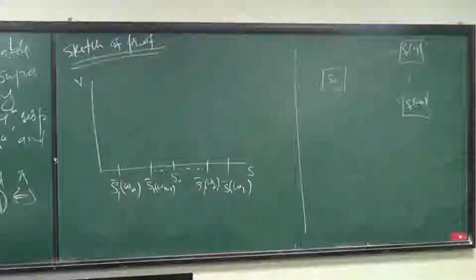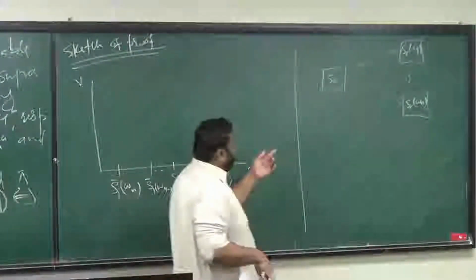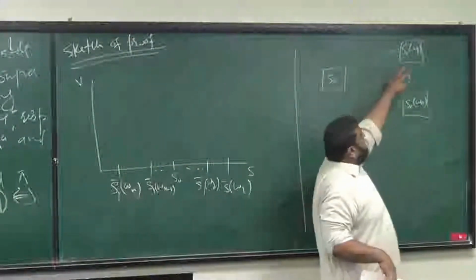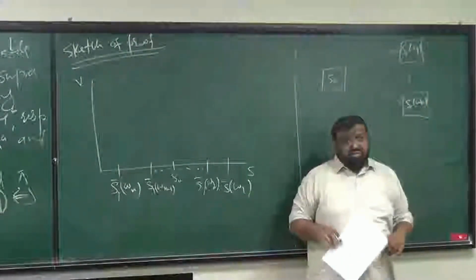Now imagine at time 0 I have value S naught, but at time 1 that's the trajectory that the stock takes.